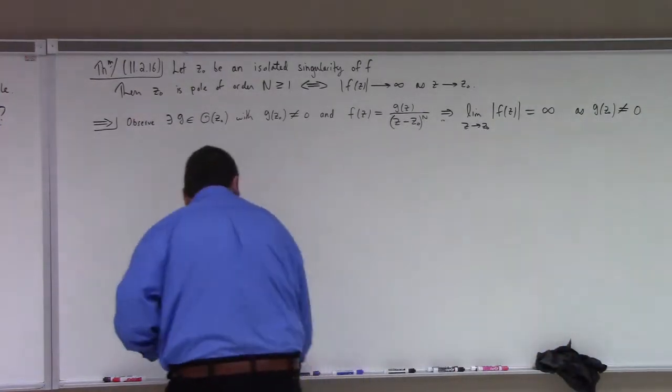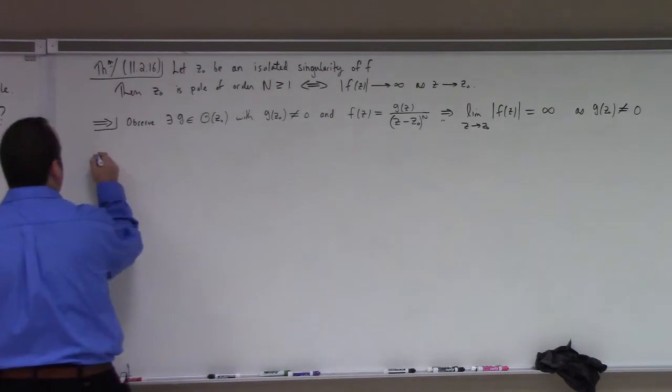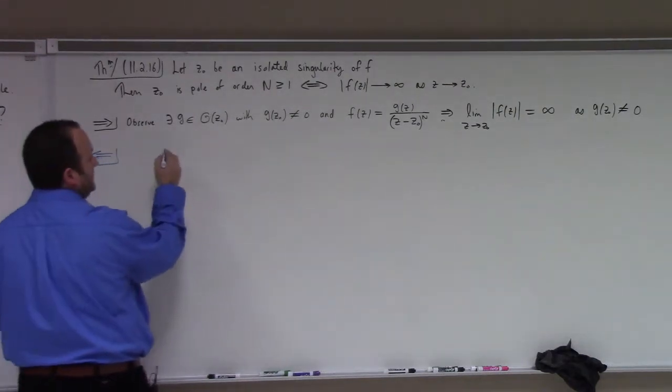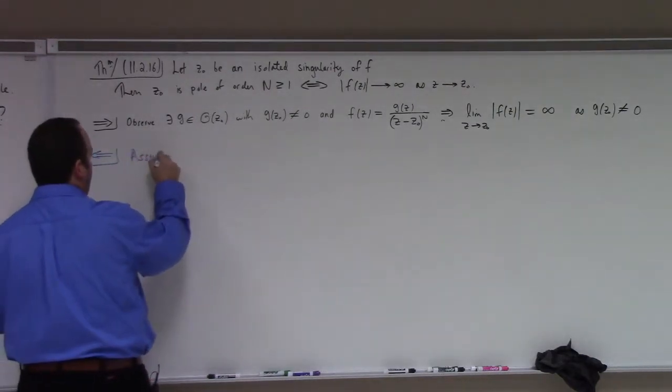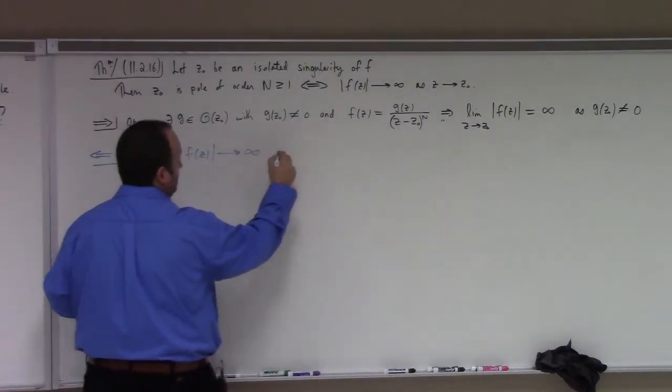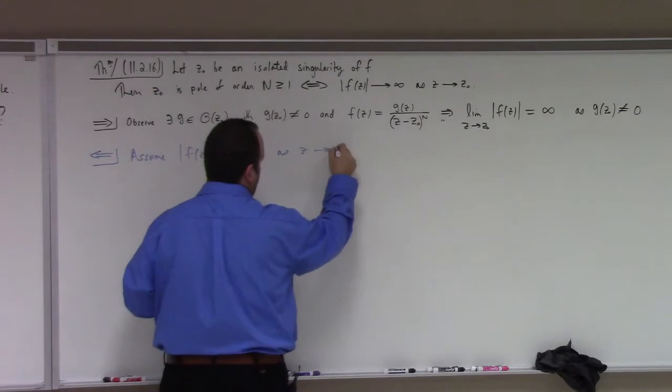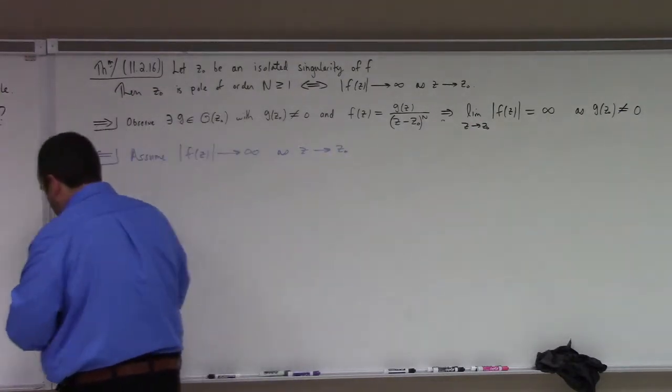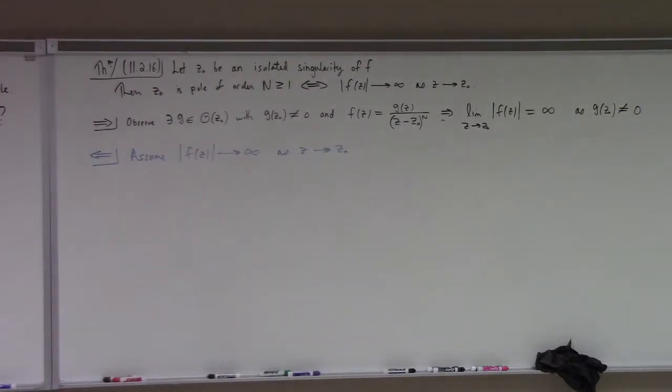So the other direction here, let's assume that the modulus of f of z goes to infinity as z goes to z naught. Well, I found a typo in my proof, but the larger stick in my eye was not apparent to me when I reviewed before class.